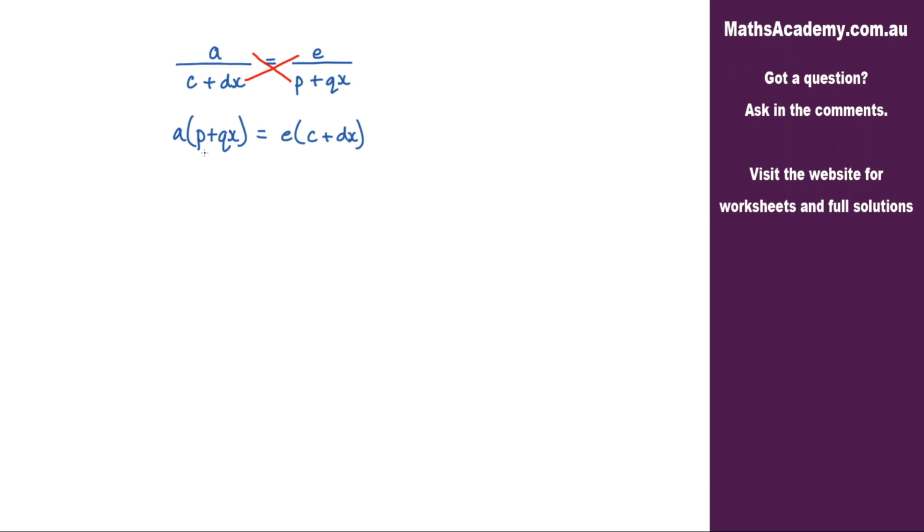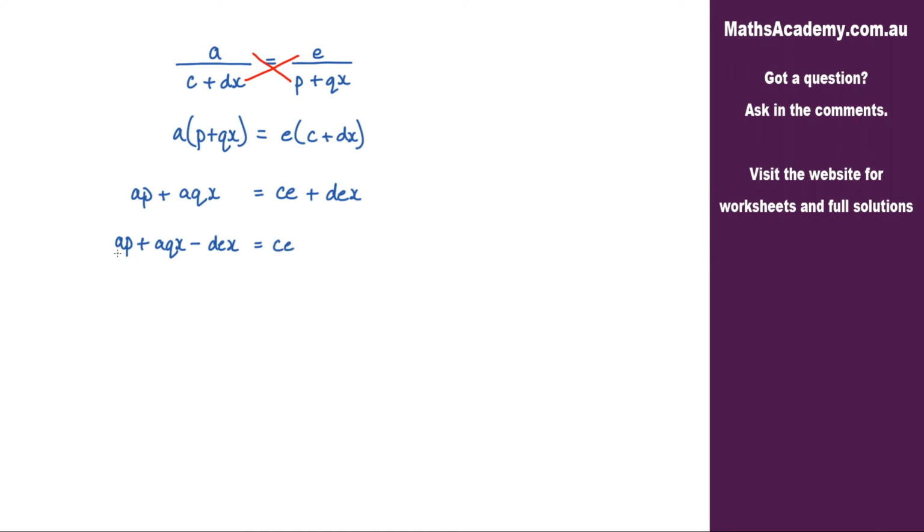We then expand brackets on both sides, so we get ap plus aqx is equal to ce plus dex. We can then subtract dex from both sides, so ap plus aqx minus dex is equal to ce.